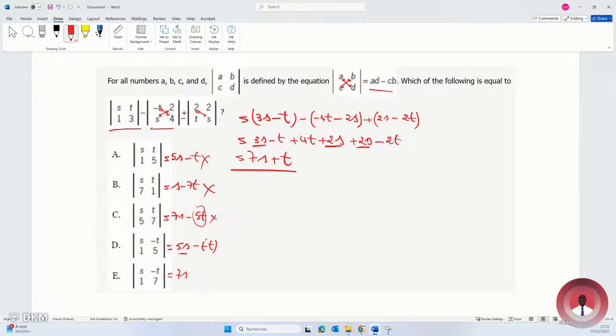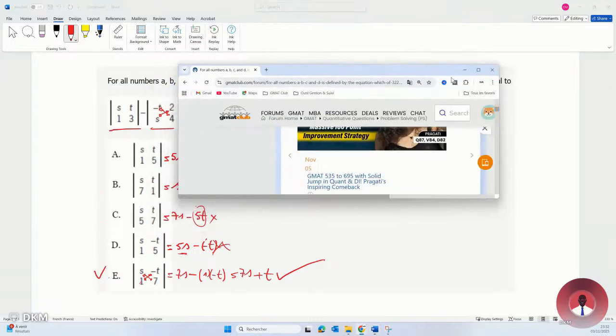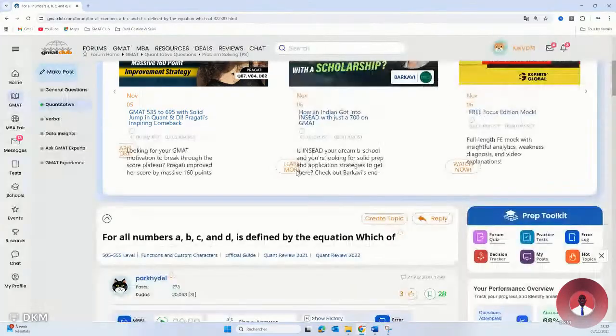We have the minus here, and we multiply 1 and minus 2, minus t, sorry. So 1 times minus t. This will be 7s plus t. So that's our answer. So our answer is answer E. So let's come back.